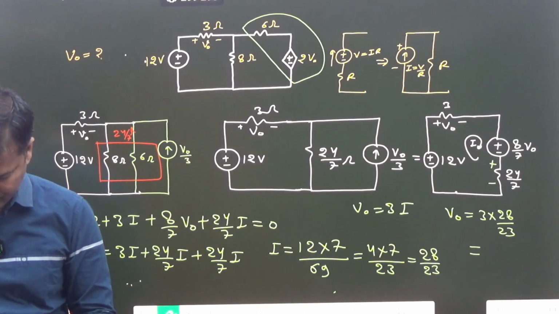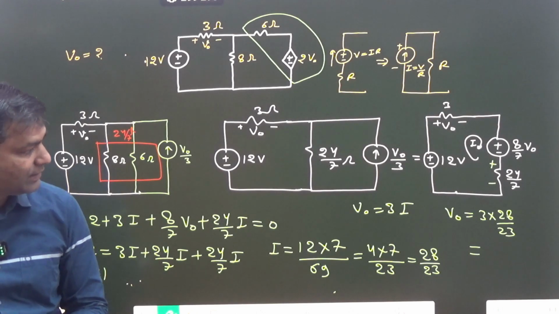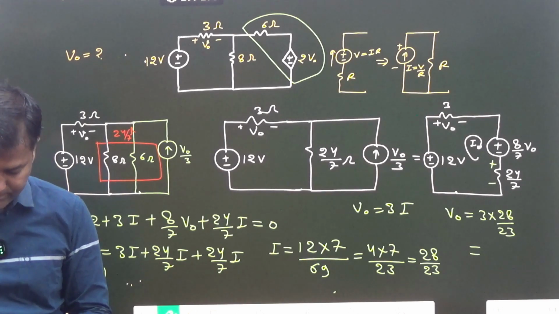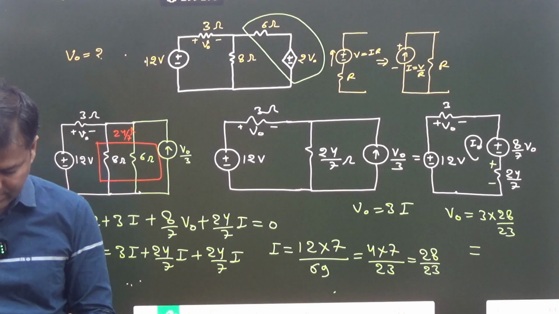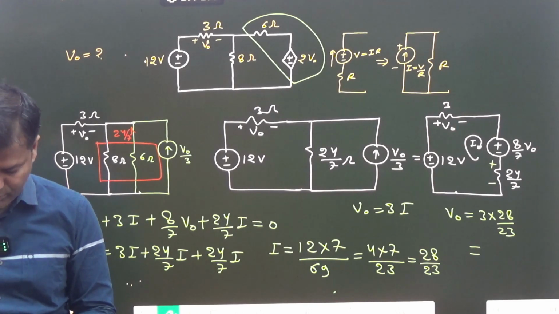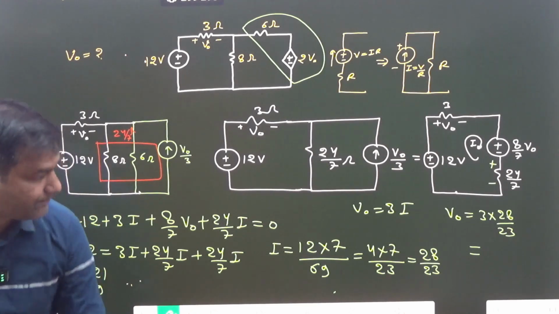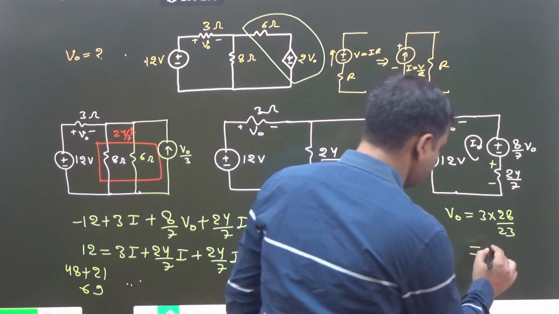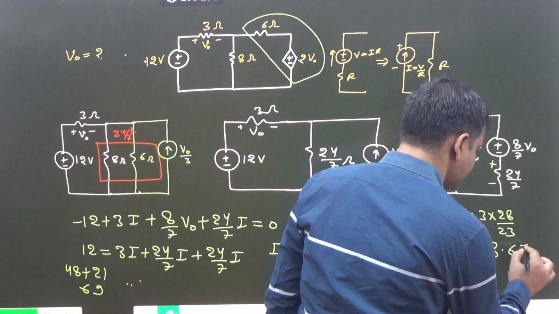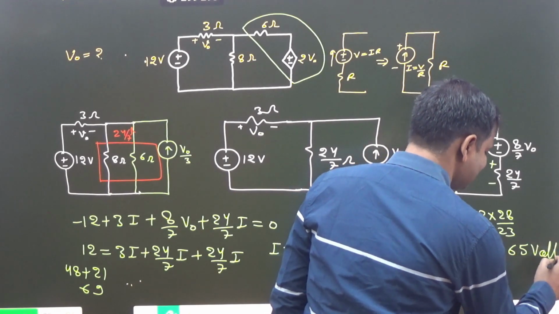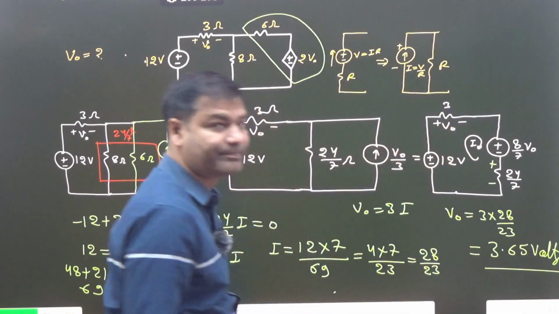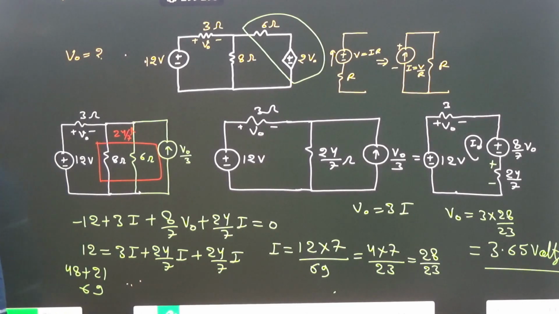What about that value? 28 divided by 23 into 3, that is 3.65. That is 3.65 volt is the right answer. Make it. Okay.